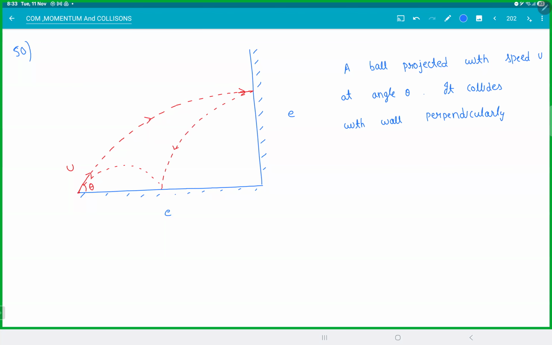Perpendicularly, and bounces off the ground and goes back to the point of projection. Find the coefficient of restitution. Find E. E is same for the wall and the floor.